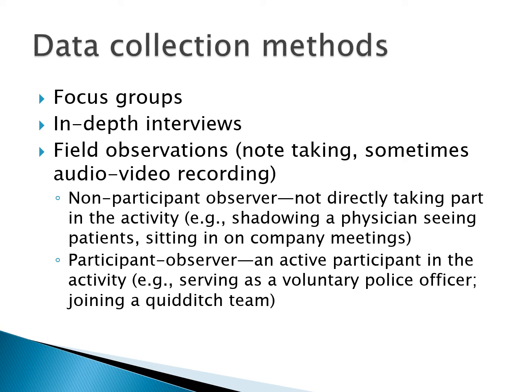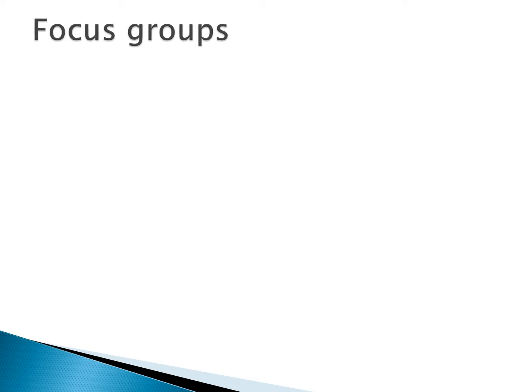The participant observer is actually an active participant in the activity. So this would be something where you're serving as a voluntary police officer, or you join a Quidditch team to see what it's like, or you join a particular club or group, and then you are not only observing what they're doing, you're actually taking part in it. So those are the differences between non-participant observers and participant observers.